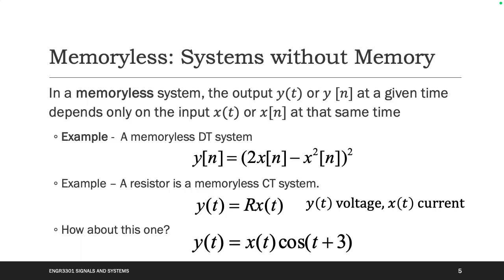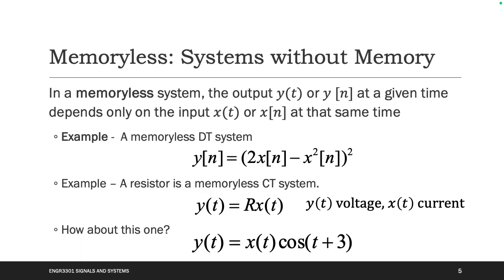And the inverse system means that through the inverse, it can transfer the output back to the original input. And causal, what is causal? It only depends on the present time and the past time. Otherwise, if it depends on future time, it is non-causal.